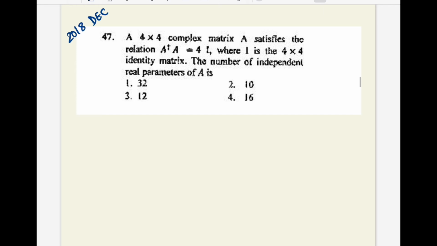Since it is a complex matrix, it is a 4 cross 4 matrix. That means A11, A21, A22, A31 and A41. Okay. So this becomes A12, A13, A14, and the last term becomes A44.